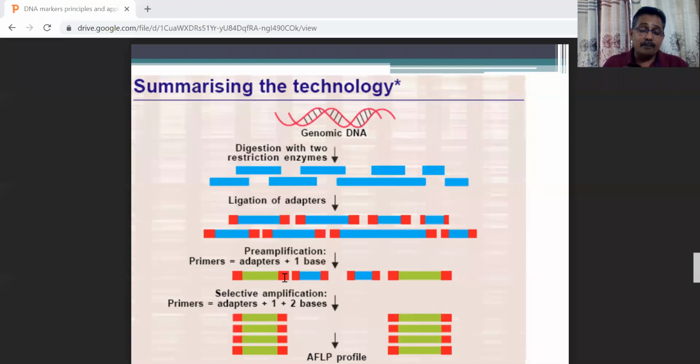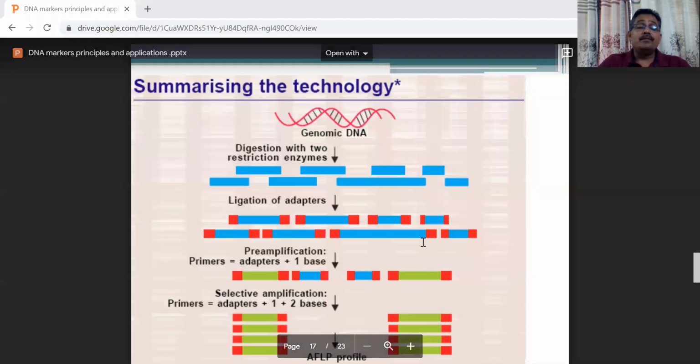This pre-amplification primer consists of the EcoR1 and MSC1 adapter sequences along with 1 specific base, additionally added. By that we selectively pre-amplify the adapter-ligated fragments from the total genomic DNA.